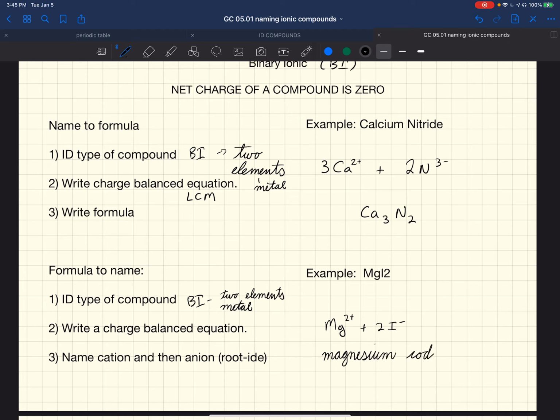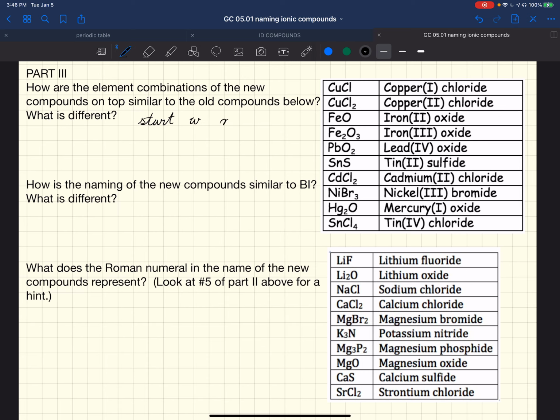So how are the element combinations of the new compounds on top similar to the old compounds below? Well, they still start with a metal, and they also have a nonmetal. Okay, now what's different?